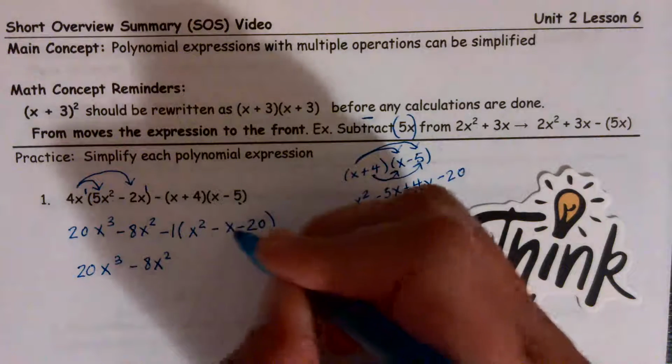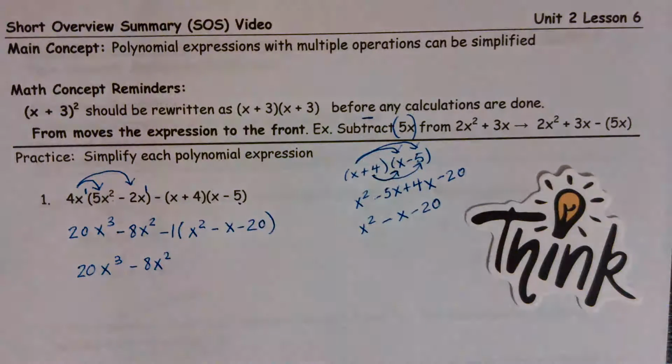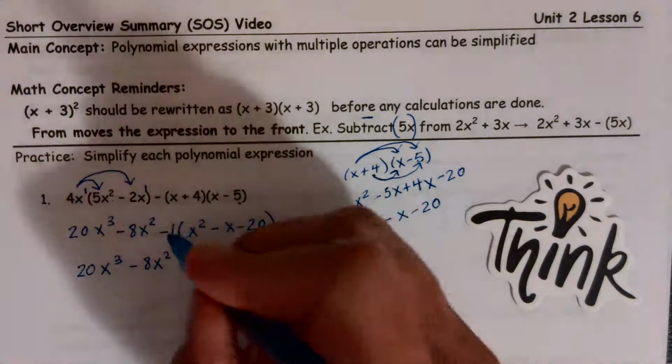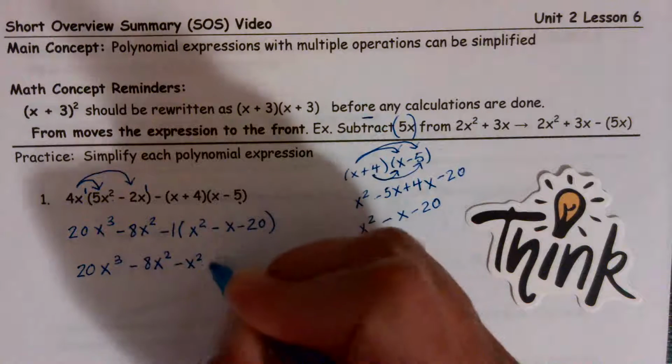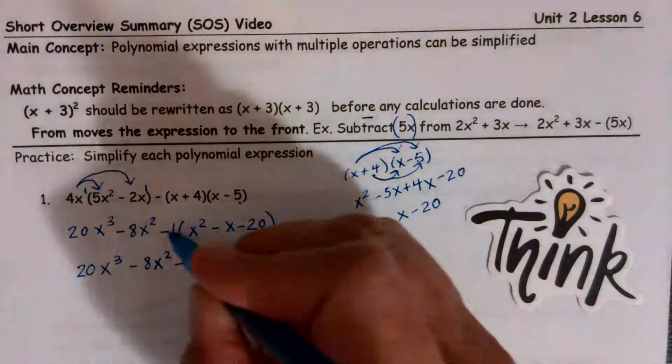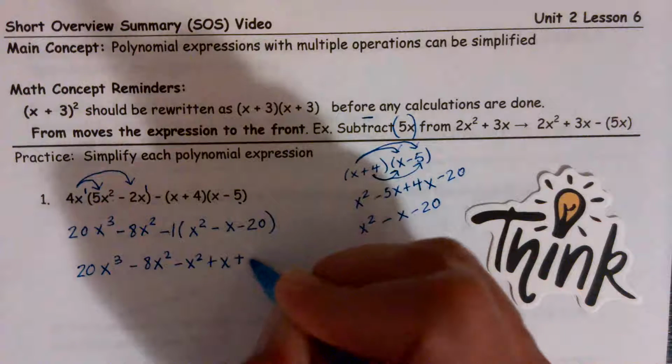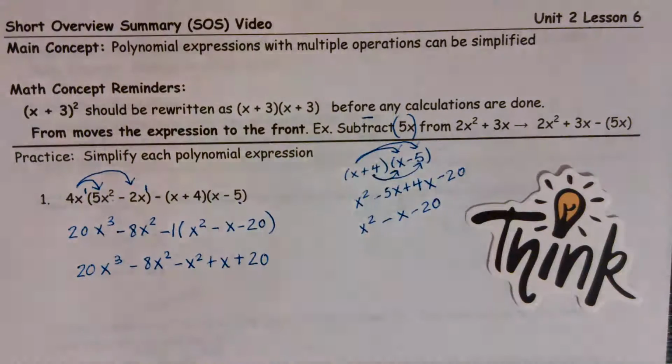And every term inside here is going to be written as its opposite. So negative times a positive is a negative, a negative times a negative is a positive, and a negative times a negative is a positive. And now I've done the multiplication. I've gotten rid of the parentheses, and our final answer is going to be in standard form.